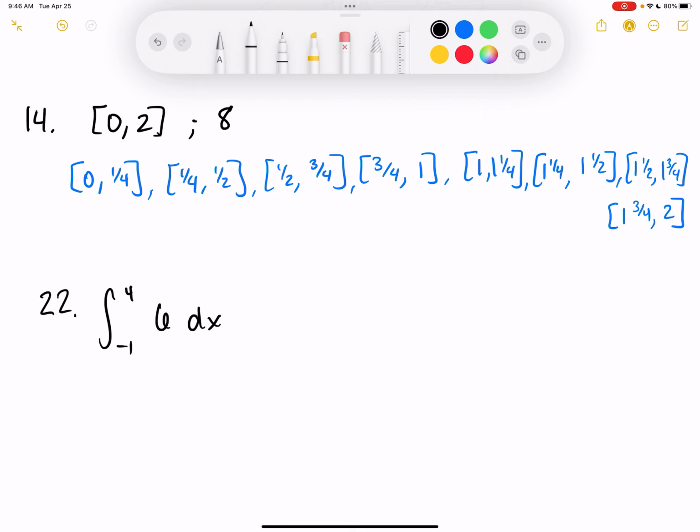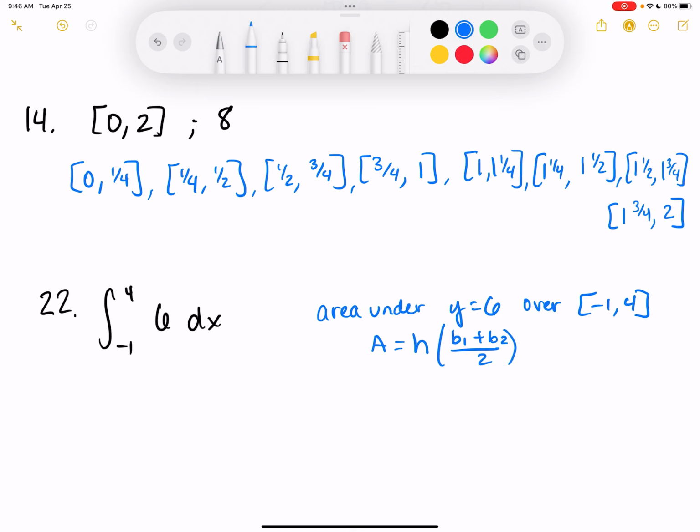So remember this is the area under y is equal to 6 over the interval -1 to 4. And our area formula that we had yesterday was h times (b1 plus b2) over 2. So that's just evaluating at each endpoint this function.